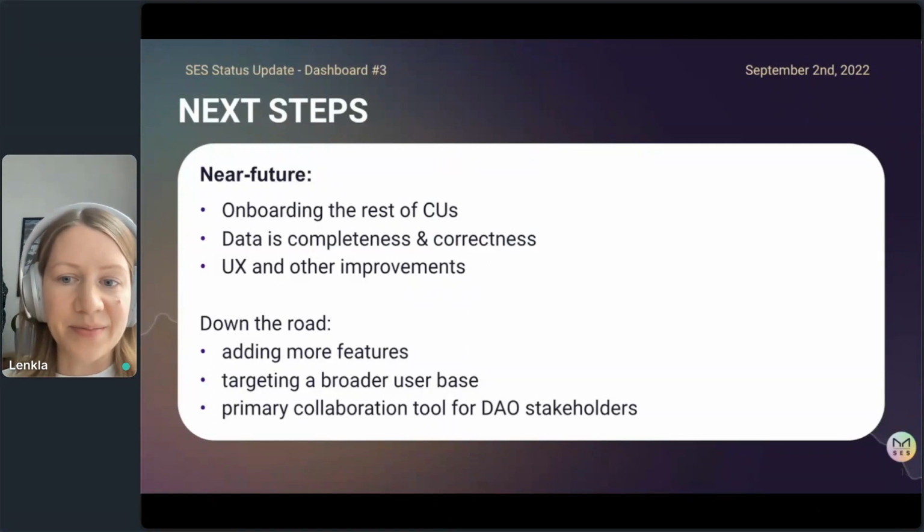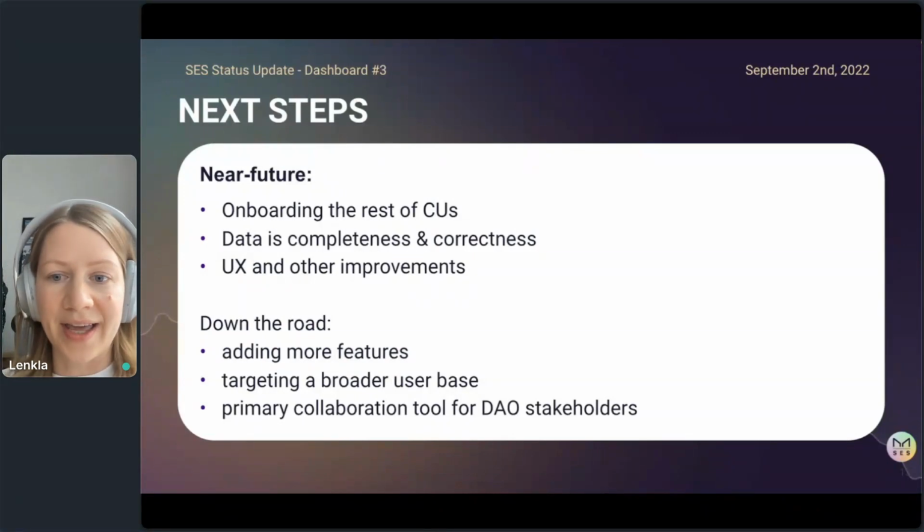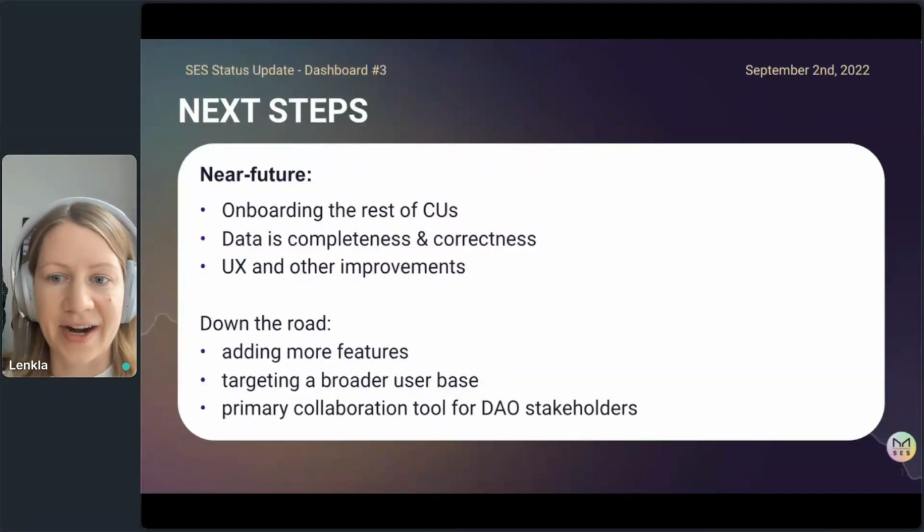Then, in terms of completeness and correctness, I have mentioned auditors. So we would like to give more visibility in terms of who is the auditor of a core unit and enable more features that will help demonstrate the correctness of the data. As well, there are a lot of iterative improvements in terms of user experience, tools, etc. So we'll be focusing on this.